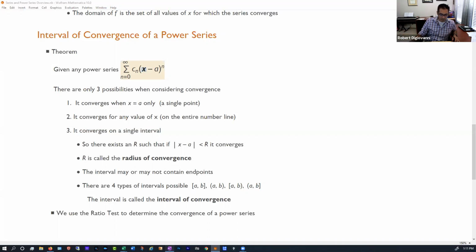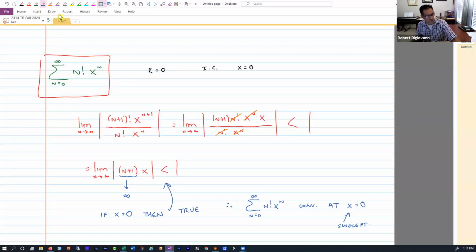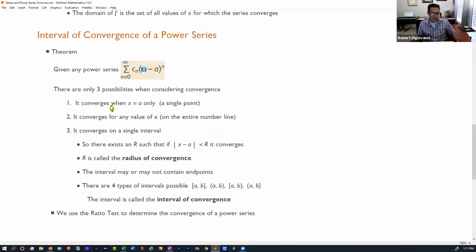For our problem, this is really x minus 0 to the n. So if I let x be 0, then this will be 0 minus 0, which is 0. So you're adding up 0 infinitely many times, you get 0. Do y'all see how that's this first case? Yes.